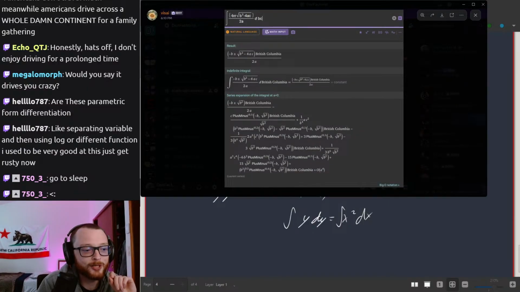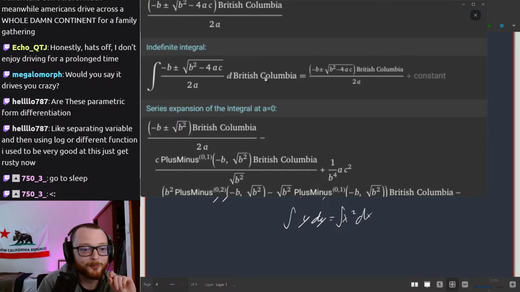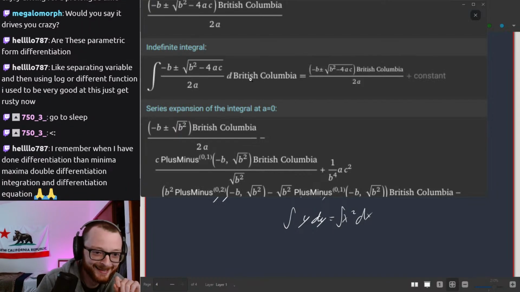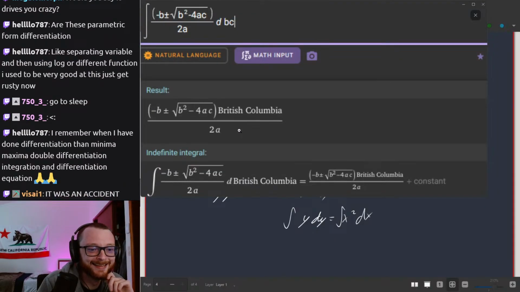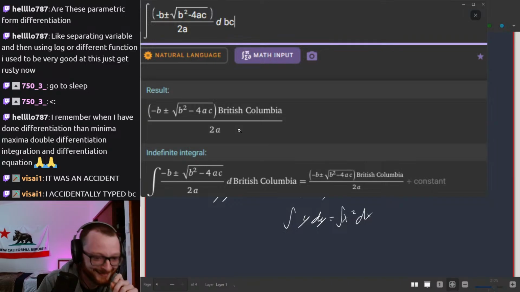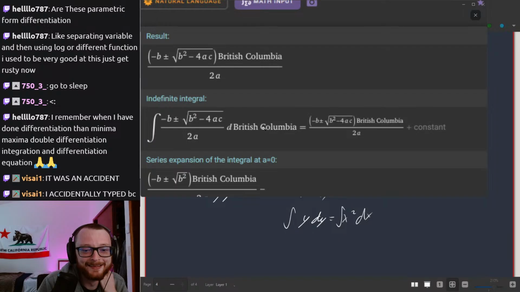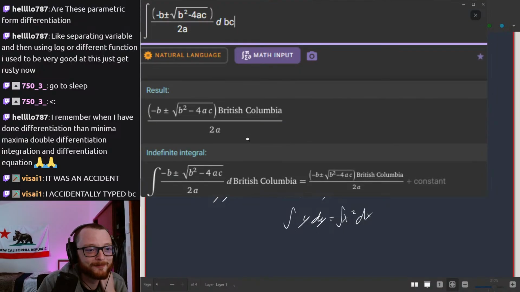Has anyone in chat ever integrated with respect to British Columbia? That is hilarious. Yeah, no, but that's so funny how Wolfram Alpha interprets that. You're integrating the quadratic formula too. That raises more questions.